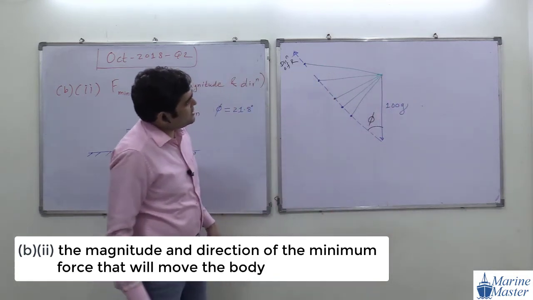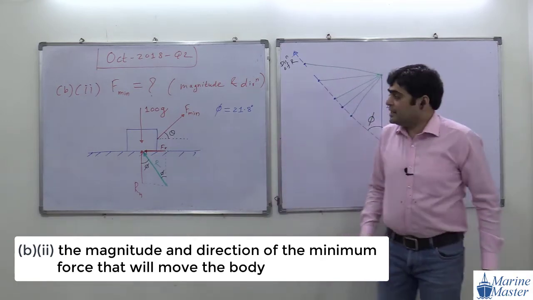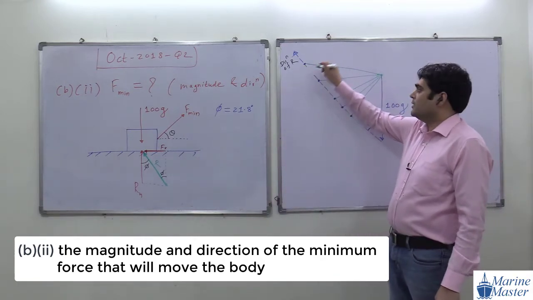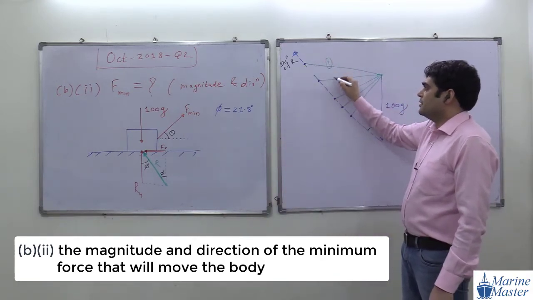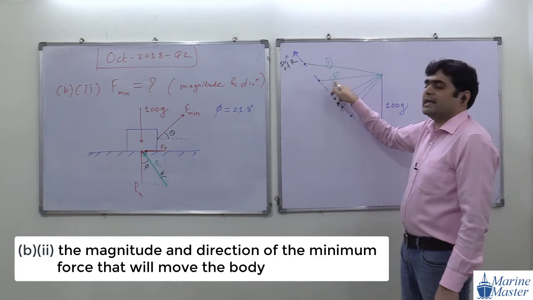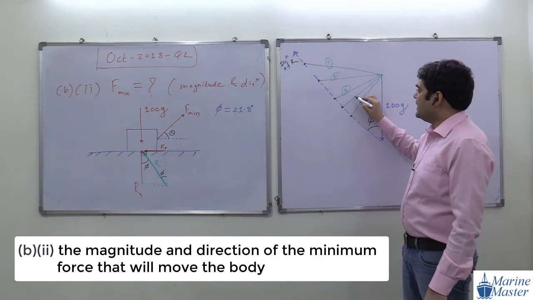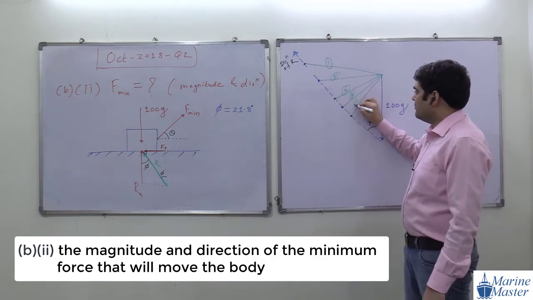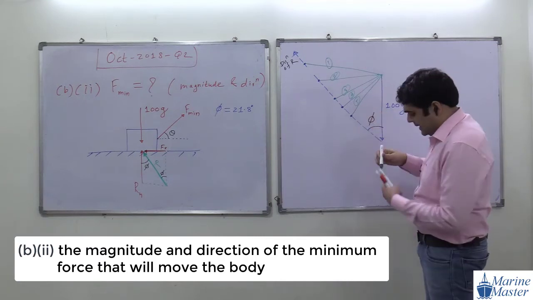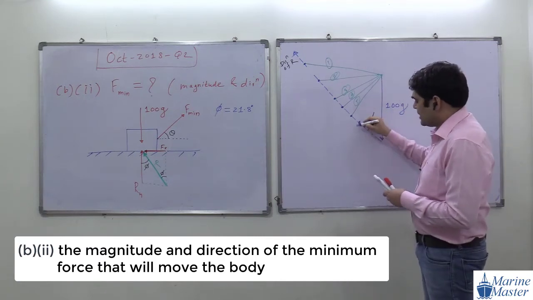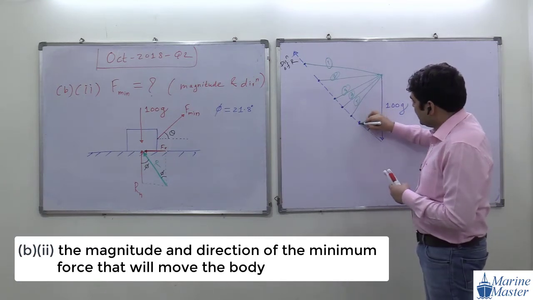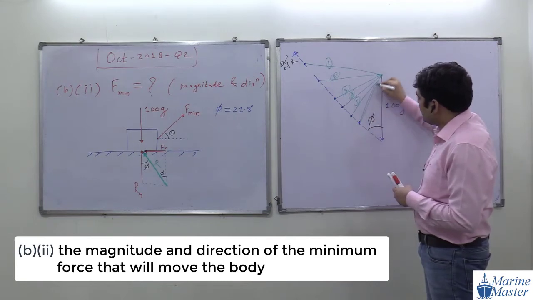Now if you observe this drawing carefully, we have different F's. If R ended here, we get the first F. Here, the second F. Here, the third, fourth and fifth F. If R ended here, we get F like this.